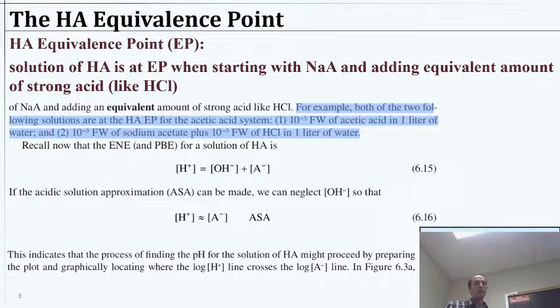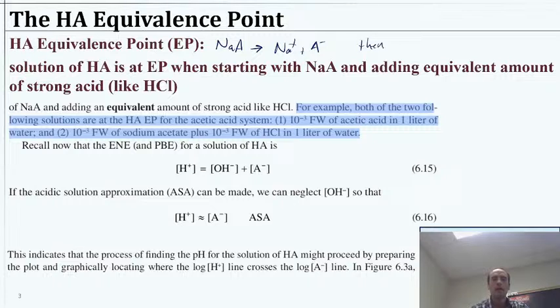Okay, so we define the HA equivalence point as if we started by adding NaA. So we start with A minus. We've added NaA, some generic acid, to water, and that's just going to be releasing Na plus and A minus.